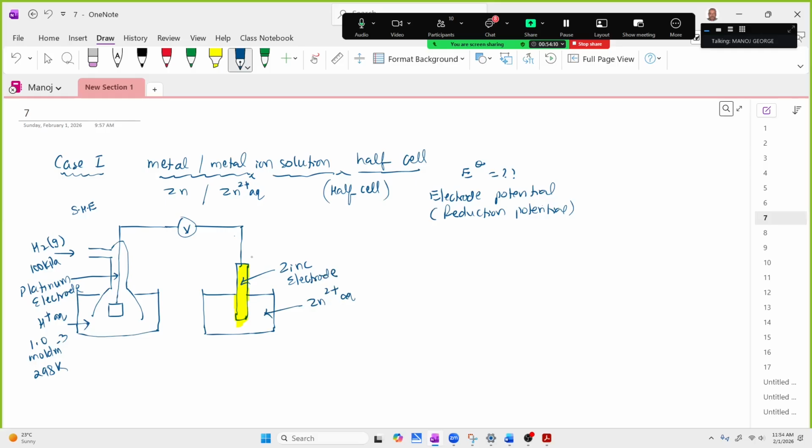The diagram is worth up to 3-4 marks in the exam with the correct labeling, so please learn it effectively. This is 1 mole per dm cube. You have to mention the concentration and the temperature very clearly. Yeah, 298 K. Okay, everything done. Now, this is the voltmeter.